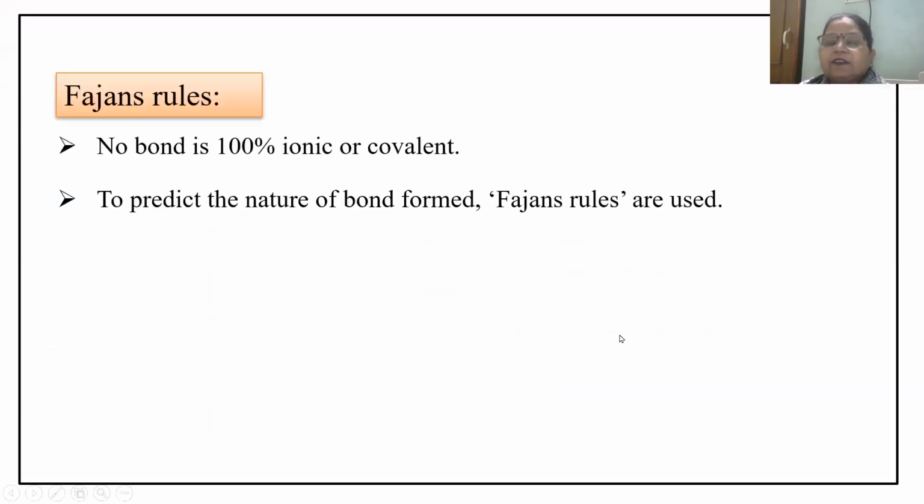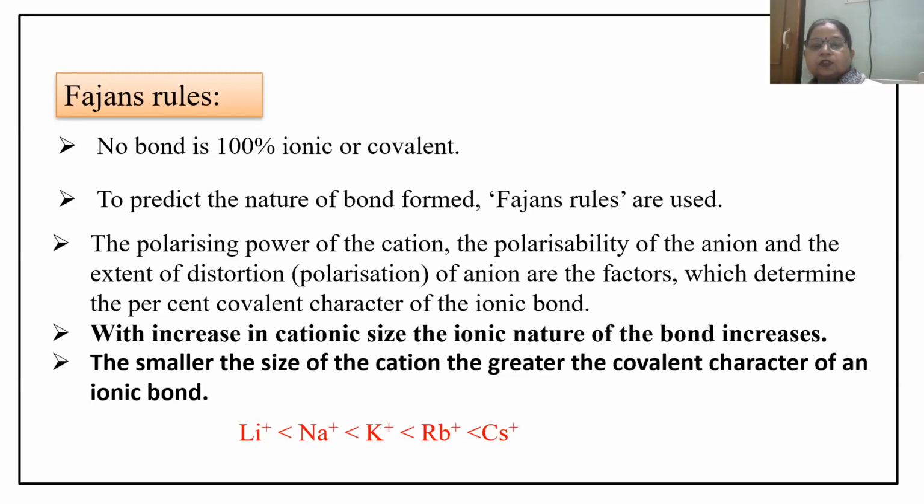As I told you, no bond in nature is either going to be 100% ionic or 100% covalent. Talking about Fajans' rule, it is used for predicting the covalent character in an ionic bond, right? So there are certain points which we must understand and learn one by one, that is, what are the rules for finding such things, right?